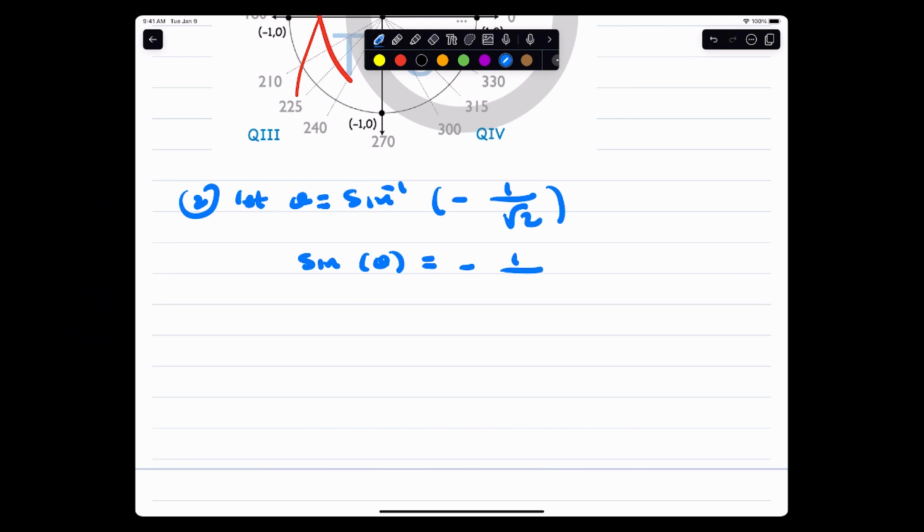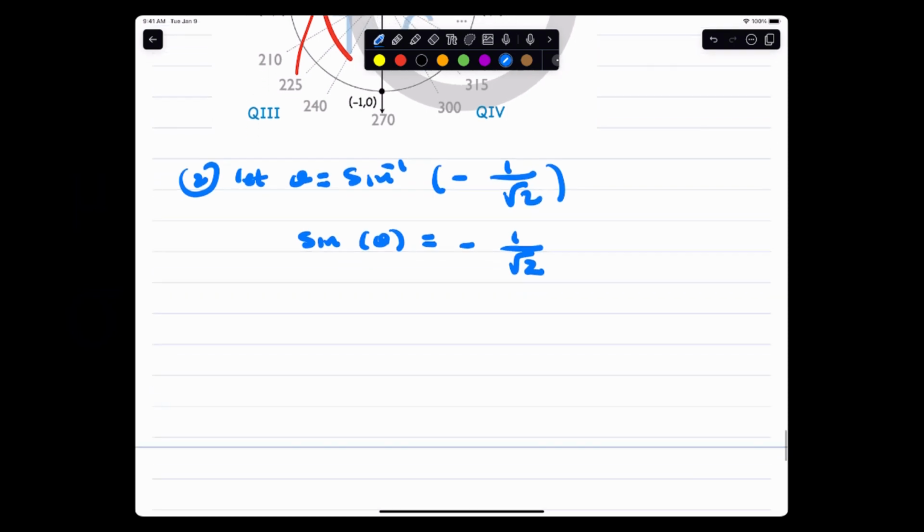Negative 1 over the square root of 2 here. All right, you guys okay with that?